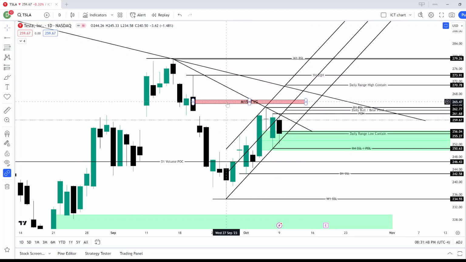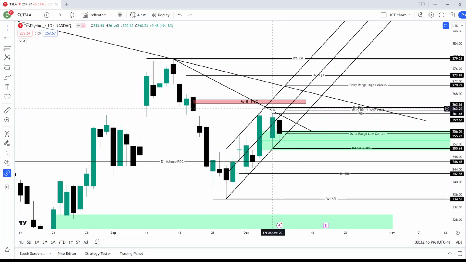We have not gotten to this 15-minute fair value gap, and we'll see that in a lower time frame. Okay, and I do believe price is wanting to run up into this fair value gap where it naturally acts as a magnet. Okay, we also have some other things on the chart that can be seen on all different time frames, but we have a previous day high, which we nearly tested. We didn't quite hit it with today's wick. And so there's liquidity in the previous day high from Friday that we have not taken yet.